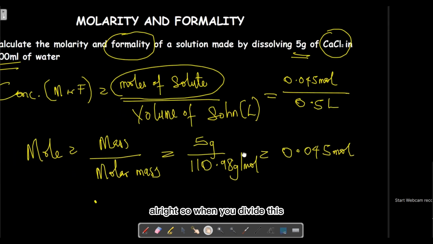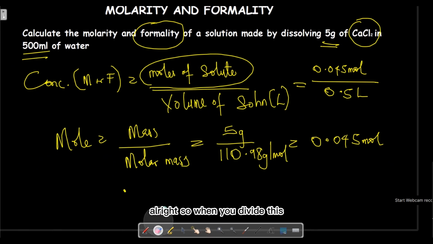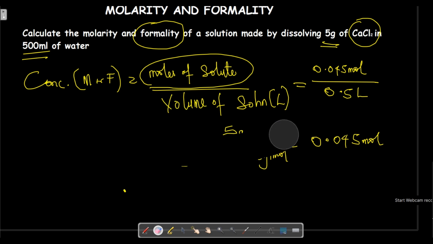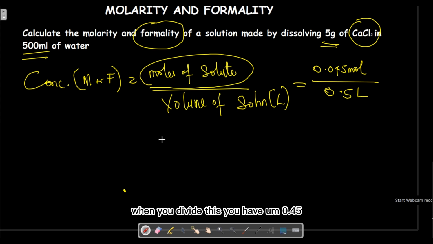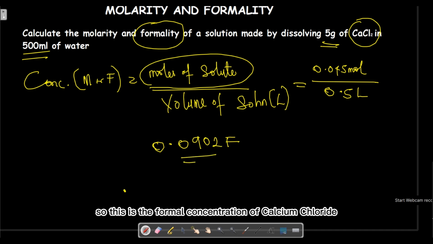So when you divide 0.045 mole by 0.5 liters, the answer gives you 0.0902 formal. So this is the formal concentration of calcium chloride.